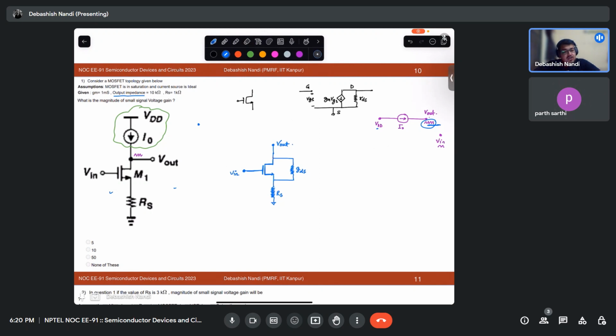What will be my current? Current will remain I0, right? Yes, sir. So now if you take the resistance of this current source, let's say R of I0, it will be delta Vx over delta I0.